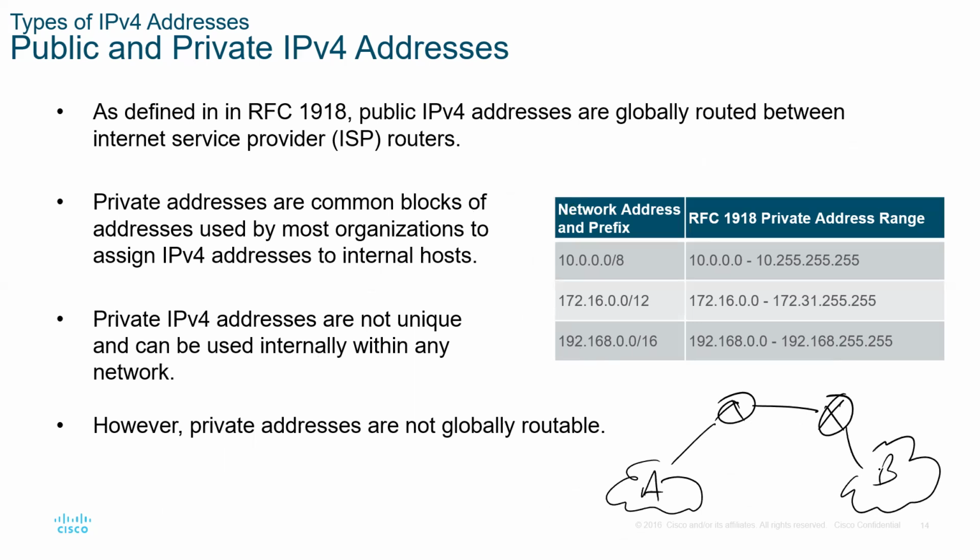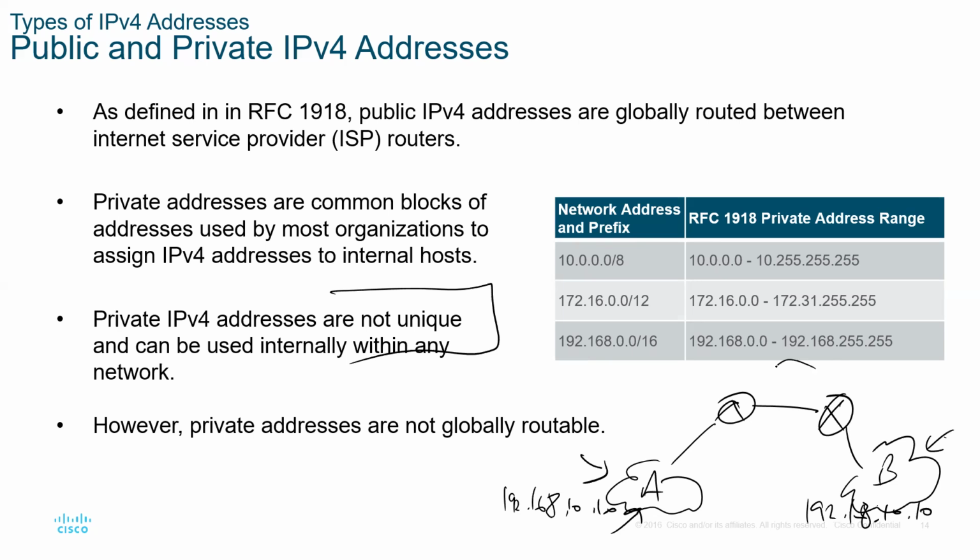Private IP addresses are not unique. What do I mean? I can have a 192.168.10.10 in this network. I can also have a 192.168.10.10 here. I can have a Silence at this workplace. I can have another Silence at that workplace. It's not unique over all the networks, right?